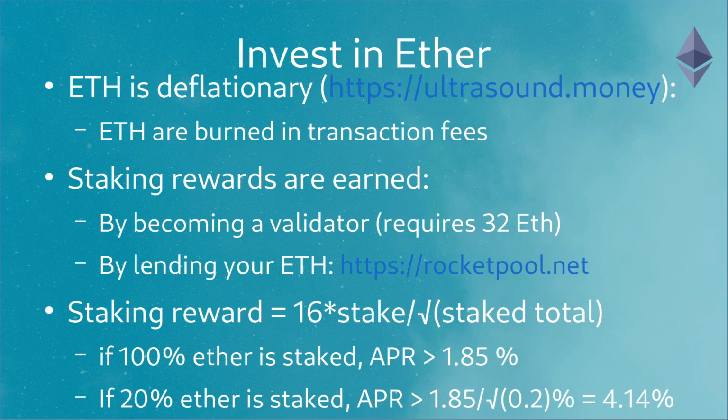Not all Ether that are paid in transaction fees are burned. It is only the Ether that is paid in the base transaction fees. So each block on the Ethereum blockchain has a minimal gas price. Why is that? It is just to limit the traffic on the Ethereum blockchain, to make sure that there are not too many transactions on the Ethereum blockchain.